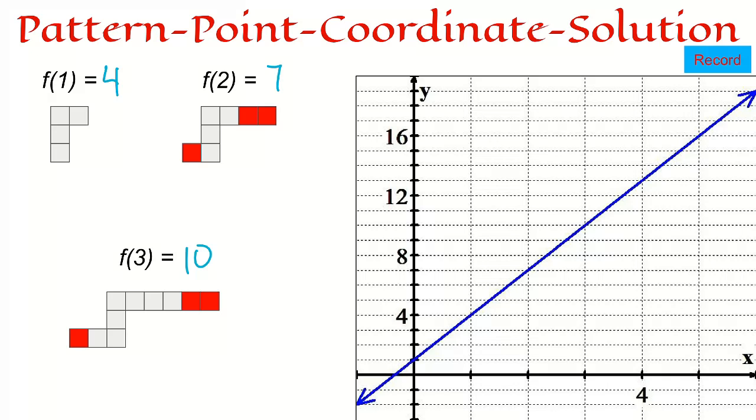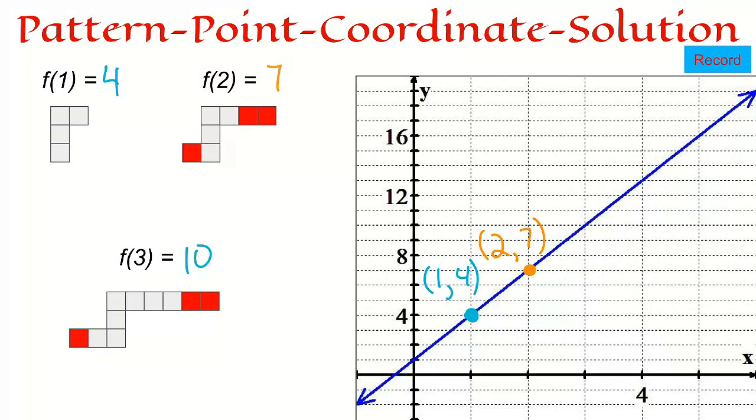So here we have the point (1, 4). You can see it right there on the graph. I'm going to change the colors on these just so that they're a little bit more obvious. On the next one, in figure 2, when x is 2, there are 7 tiles. So when x is 2, y is 7.